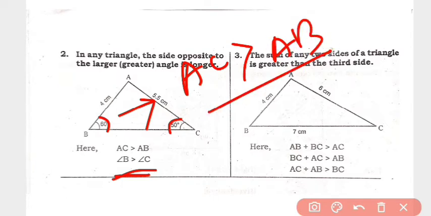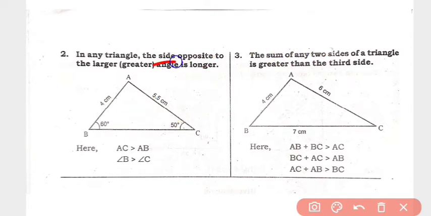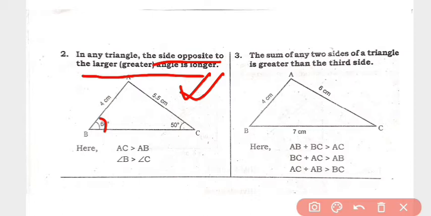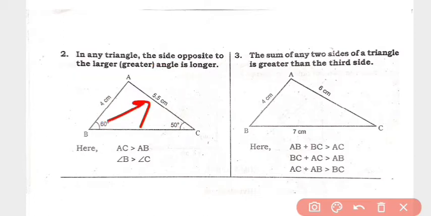That is, the side opposite to the greater angle is longer. This is the larger angle, therefore its opposite side is the AC side. So AC is greater than AB.